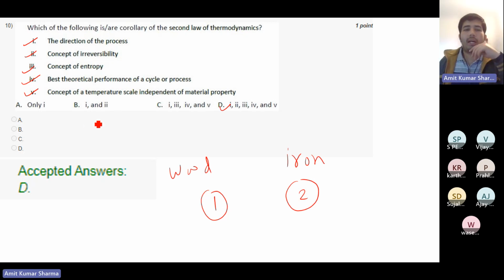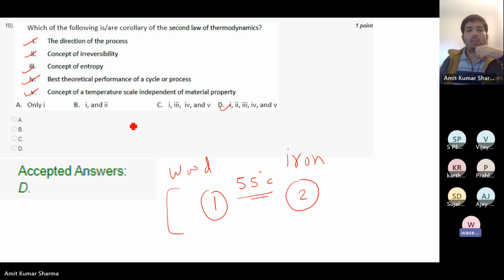Both are in open atmosphere, and the temperature of the atmosphere is around 55 degrees. It's very hot out there. You are alone and you have to sit on one of the chairs. Tell me, on which chair will you sit, chair 1 or chair 2?